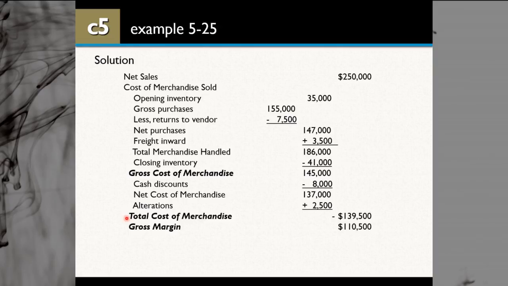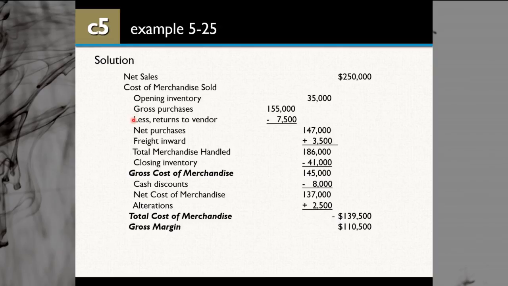So for this case, let me just briefly talk about this. To calculate your gross cost of merchandise, you can calculate it based on your merchandise available. So that's going to be total merchandise handled. When you think about each concept, you can think about it this way: opening inventory, that's what you have, so it's available. Also, gross purchases, you got more, so you can add that.